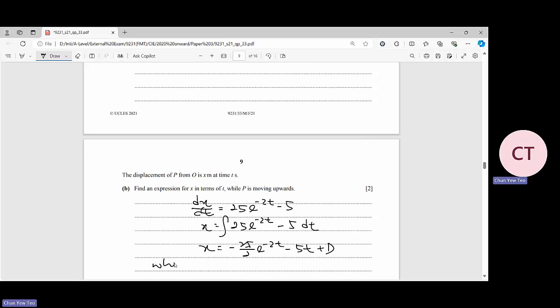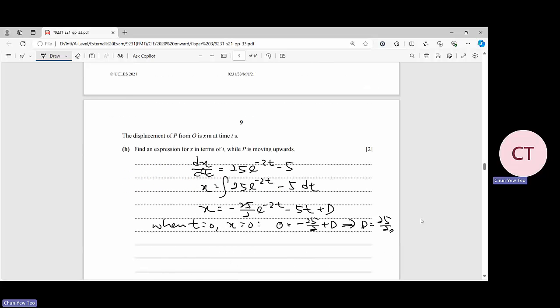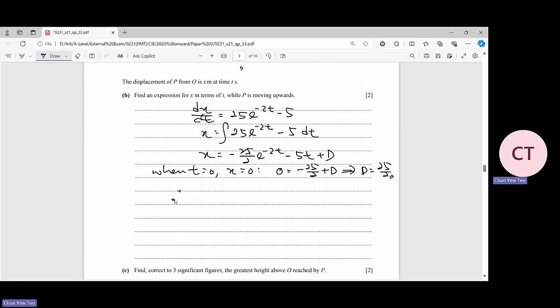Then when t equals 0, x is equal to 0. So you have 0 equal to negative 25 over 2 plus d. There you have that d is 25 over 2. So from here, you can get your x as negative 25 over 2 e^(-2t) minus 5t plus 25 over 2.